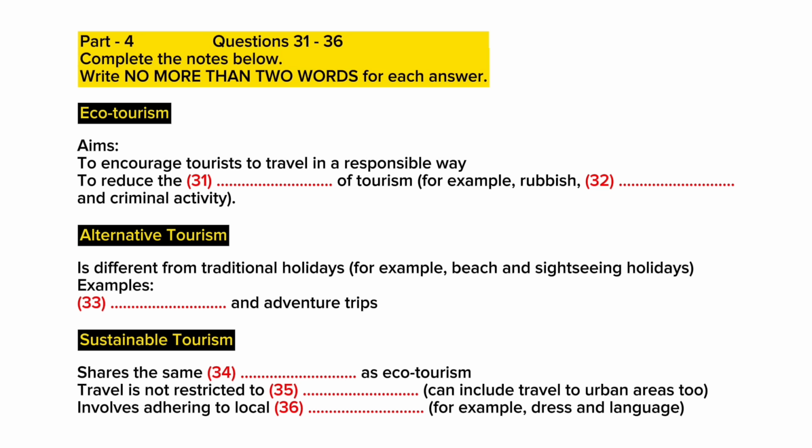Now, what about sustainable tourism? Sustainable tourism has the same ideals as ecotourism, but it isn't limited to natural areas. So, you can have a sustainable tourist experience in a city or a town. And then we have responsible tourism. What does that mean exactly?